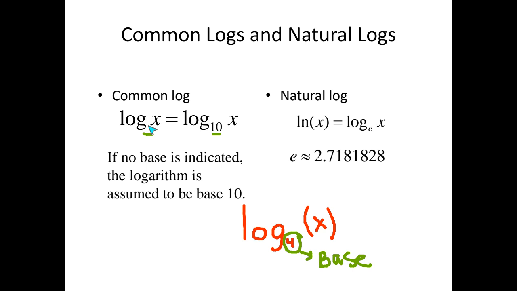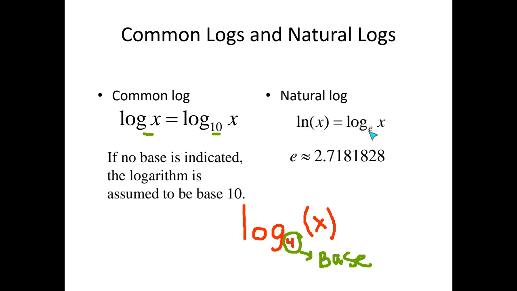And the reason, well, if it's base 10, then you can use your calculator. That means in your calculators, if you look at the calculator, you see the word log. That means that it's a base 10 log. And then for the natural log, we write it as ln x, and that just translates as log with the base e.